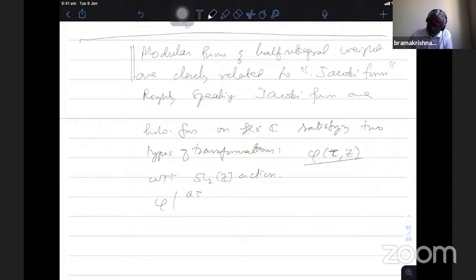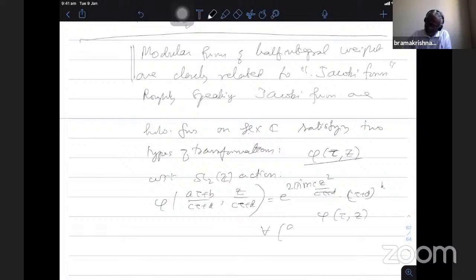phi of (a tau plus b)/(c tau plus d), z/(c tau plus d). This is the action of the Jacobi group. One has to study a corresponding group, the Jacobi group, that is SL2Z, along with some lattice. So this is the action of SL2Z on H cross C. Functions depend on that, which is given by e power 2 pi i m c z square/(c tau plus d) into (c tau plus d) power k phi of tau z.